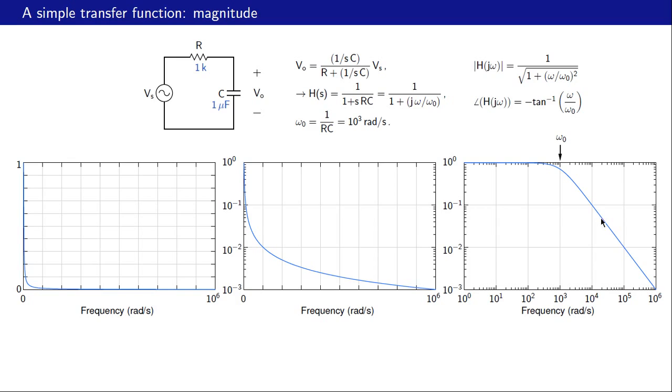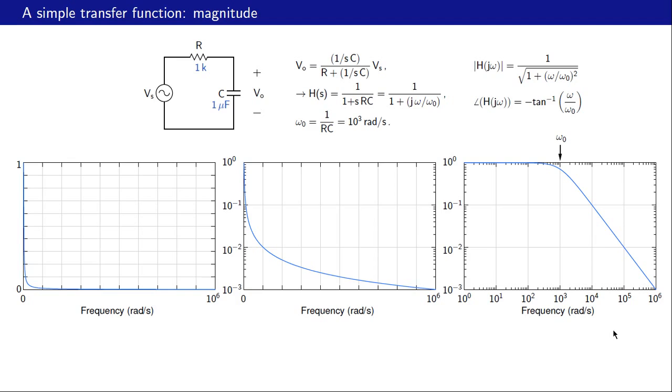It has now gone down to 10 raised to minus 2. So we have increased the frequency by a factor of 10 and mod of h has decreased by the same factor, 10 raised to minus 1 to 10 raised to minus 2. So therefore we can conclude that mod of h is varying as 1 over omega in this region here.